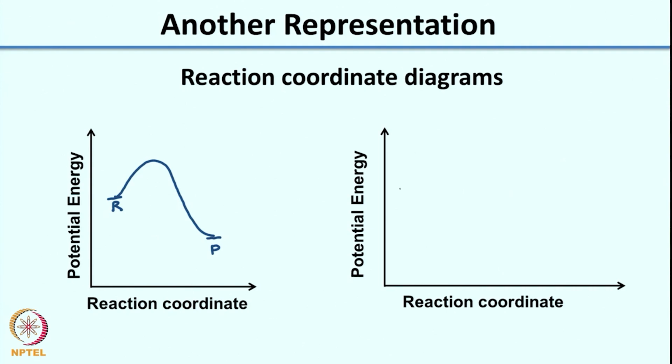You would also have reaction coordinate diagrams which look like this. As you can see, both of these diagrams look very different, and you can have multiple reaction coordinate diagrams, and we will look at these in due course of this week.